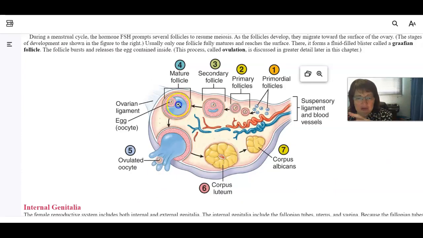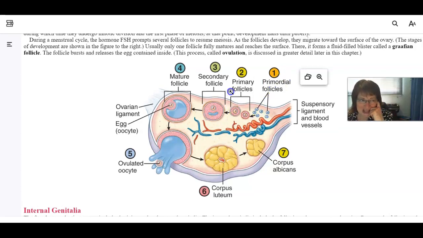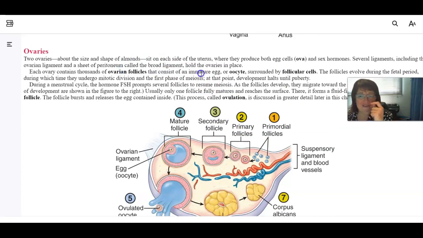So in the ovary, there are a lot of different stages, and it doesn't really move around like an escalator in this part, but the egg starts developing as a follicle. So you have the follicle and then the cells around it.